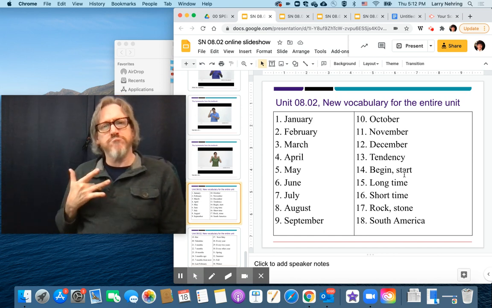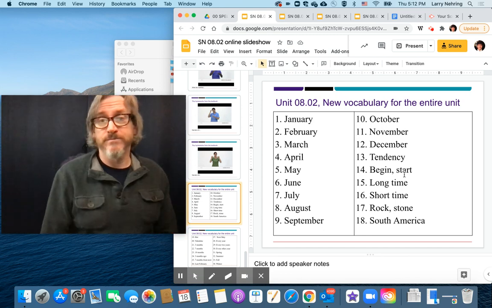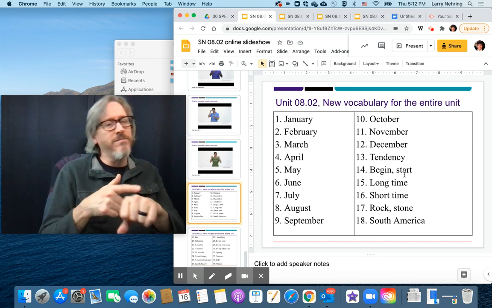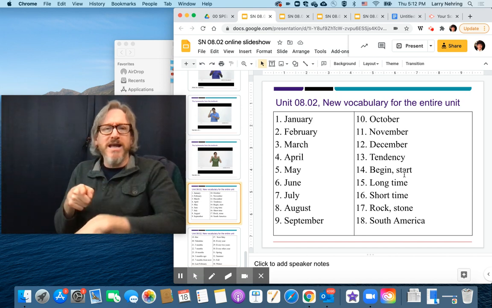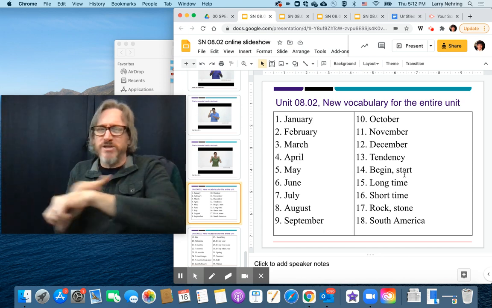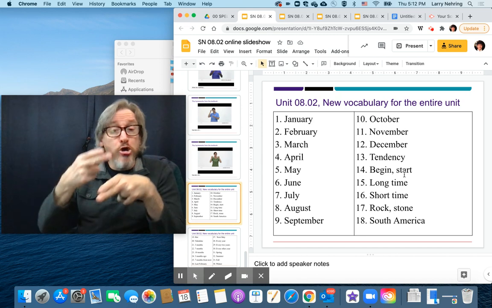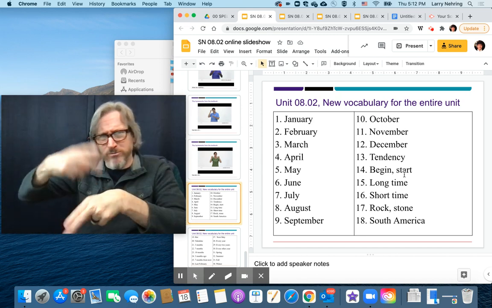Tends to do this. Beginning, start. Long time, you'll oftentimes see long. It's an L, but it's more the index finger that's important. Long time. Short. It's like two knives together. Short time.